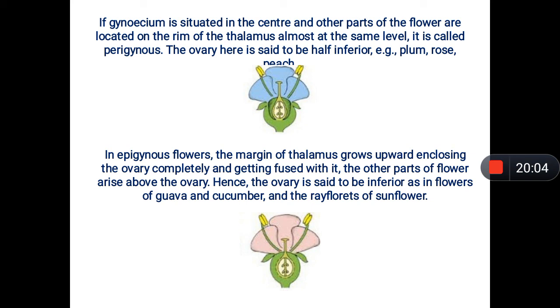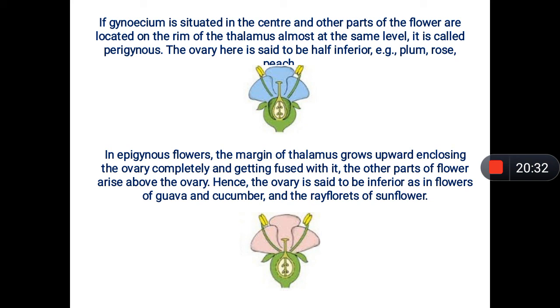So the thalamus completely covers the ovary and fuses at the tip, where the calyx, corolla, and androecium arise. So the position of the ovary in this case is below the other whorl members of calyx, corolla, and androecium. So this flower is called epigynous, where the ovary is called inferior.